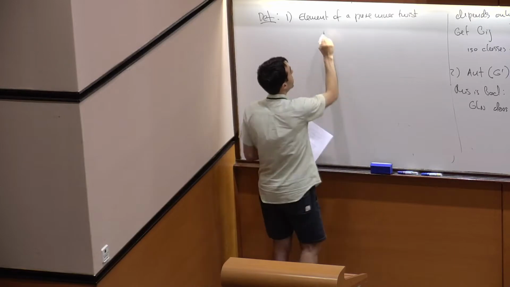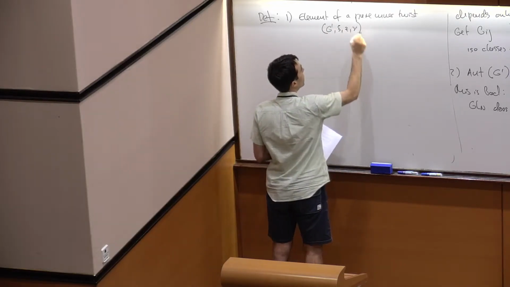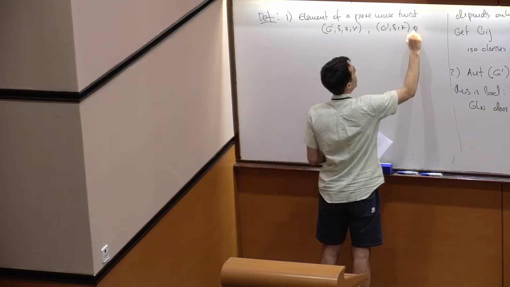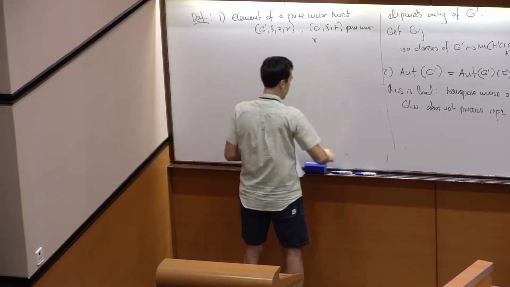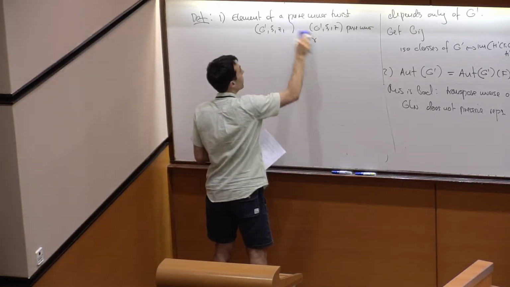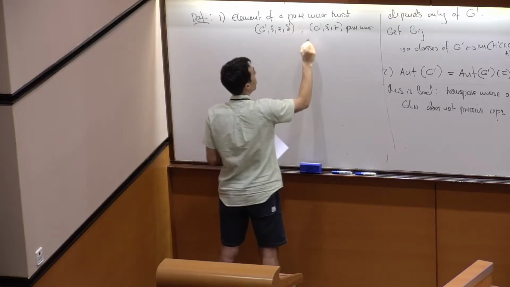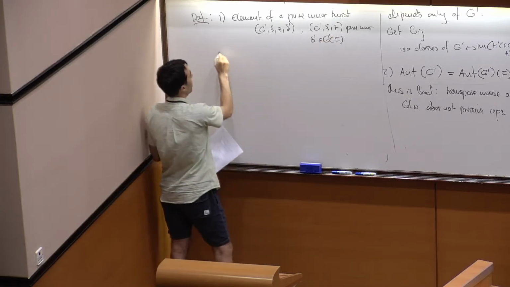So nothing terribly exciting. It's going to be a quadruple where G prime, psi, Z is a pure inner twist, and delta prime, I wanted to call these fellows delta now, is an element in here.